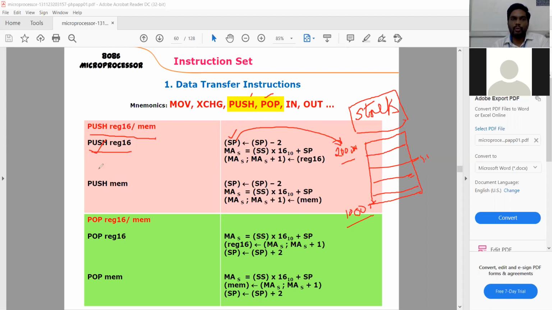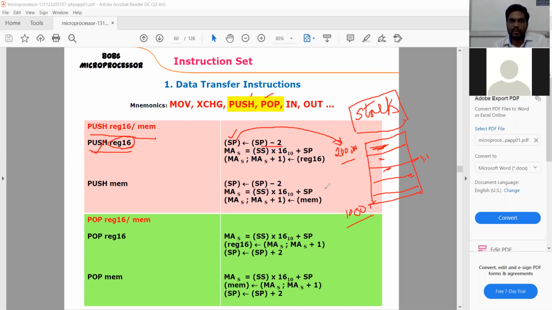So when you are using this push instruction, we have to incorporate the data which is present in this register. The register content will be transferred to the stack. The stack pointer will get decremented by 2 and the contents of this register will be inserted into this memory location.